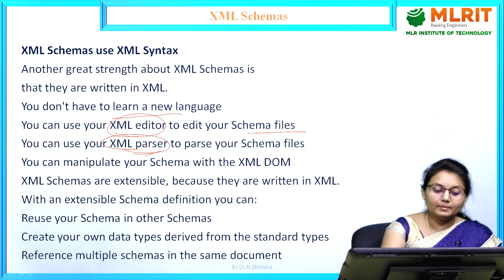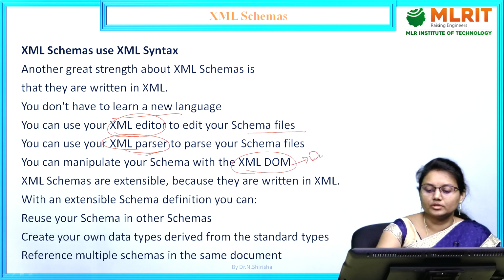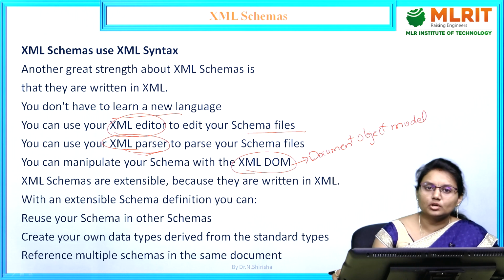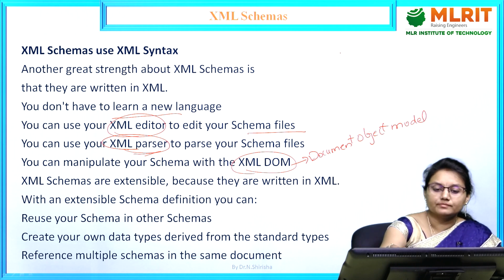And you can manipulate your schema with the XML DOM. DOM is nothing but the Document Object Model. So, what is the document object model? Suppose you have this heading, XML schema.